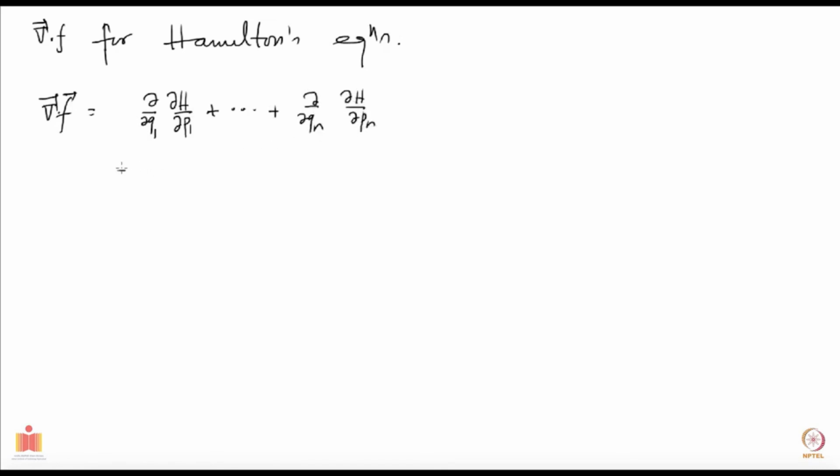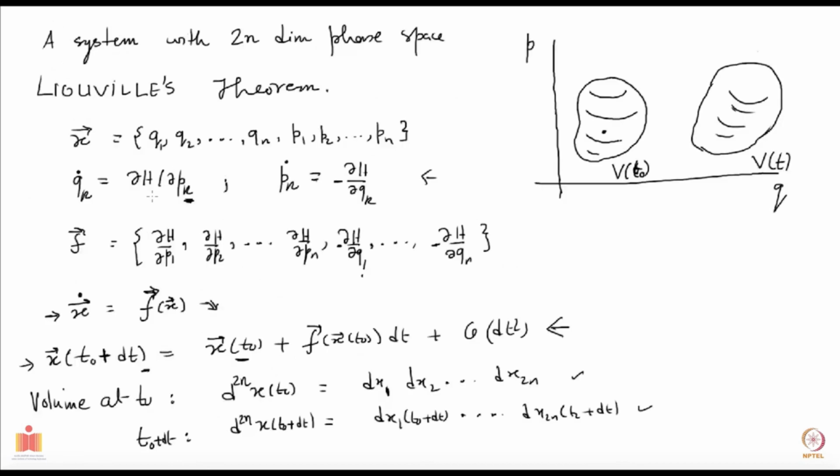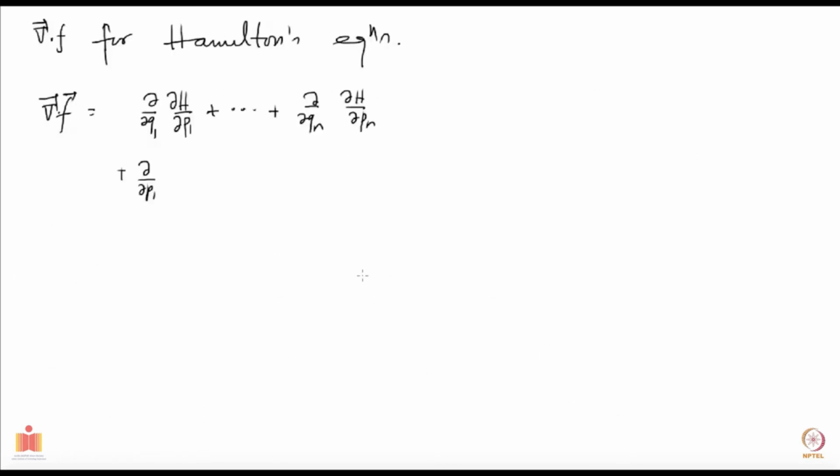Then you have more terms, delta over delta p1, and let's recall what f n plus 1 was. f n plus 1 was minus delta H over delta q1. So you have, instead of a plus here, a minus delta H over delta q1.